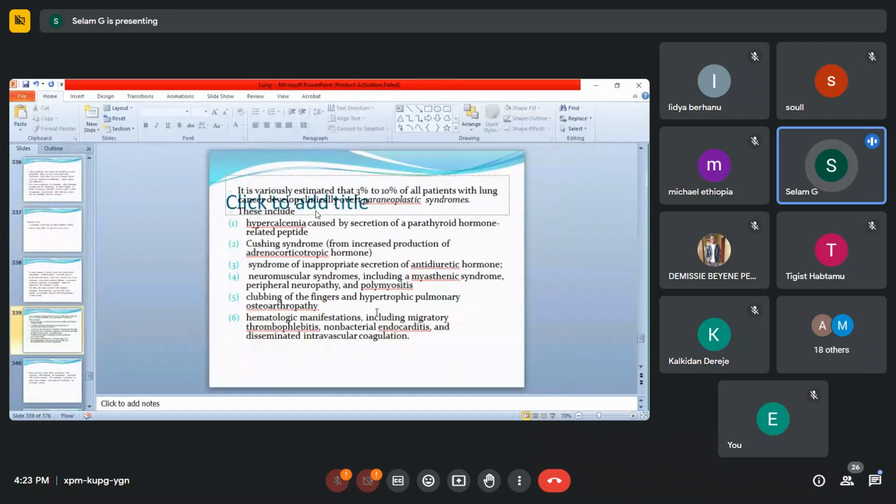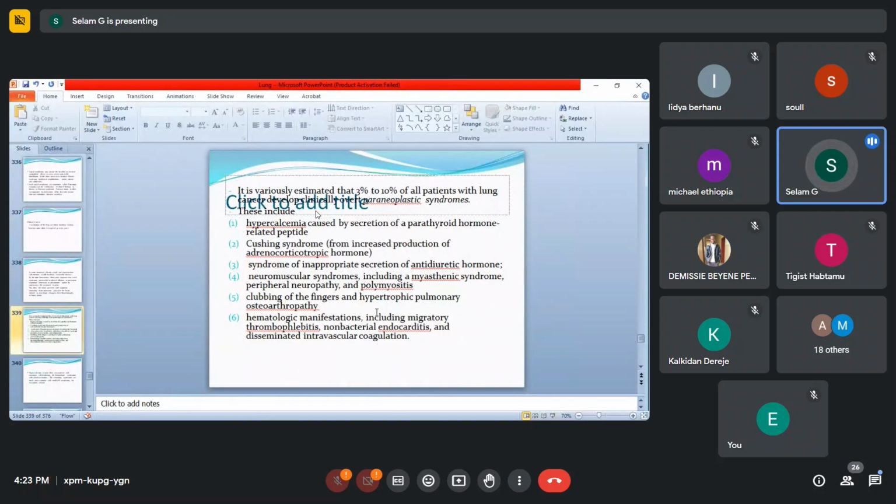It is variously estimated that 3 to 10% of all patients with lung cancer develop clinically overt paraneoplastic syndromes. So the manifestation is not occurring due to the right causes, but for causes other than the normal physiology expected. So tumors are known to bring about paraneoplastic syndromes.